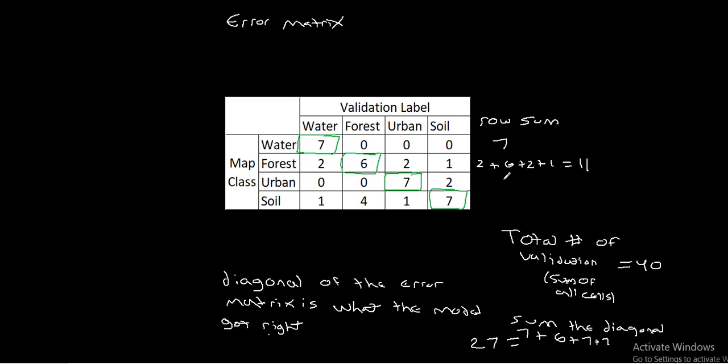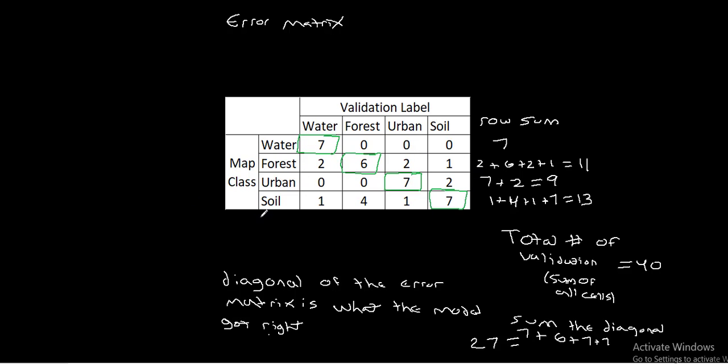The row sum for this is going to be 7 plus 2, which is equal to 9. And the row sum for this is going to be 1 plus 4 plus 1 plus 7. It's going to be 13. Right, so all I did was just sum the rows. Okay, hopefully that makes sense.